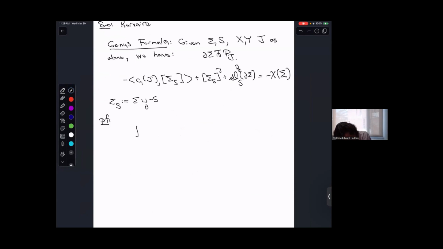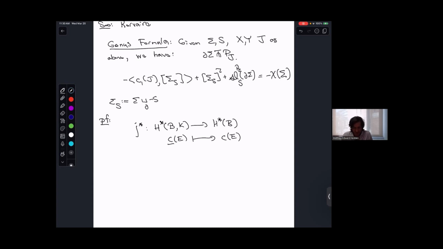There's this key naturality property for relative characteristic classes: if you have a relative class for a bundle, you have this inclusion-induced map to absolute cohomology. And so this relative class is going to map to just the ordinary characteristic class for that bundle.